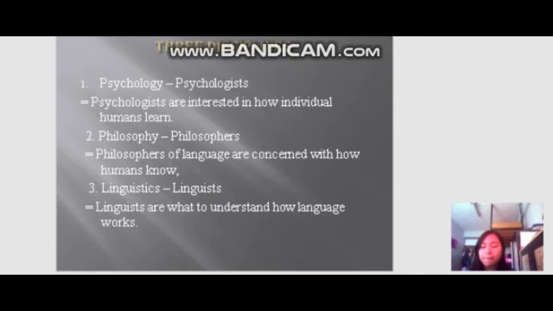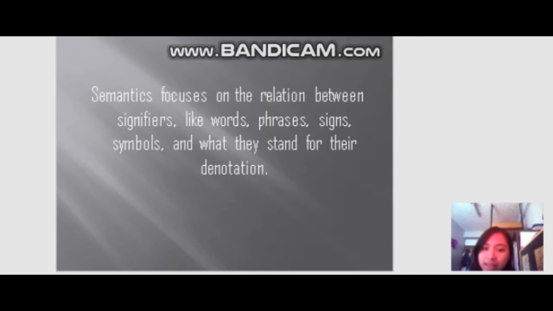Okay, next, semantics focuses on the relation between signifiers like words, phrases, signs, symbols, and what they stand for, denotation. So early in life, every human acquires the essentials of language, a vocabulary and the pronunciation, use or function and meaning of each item in it.